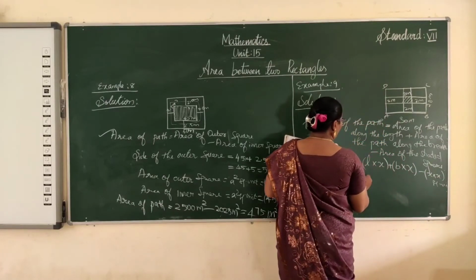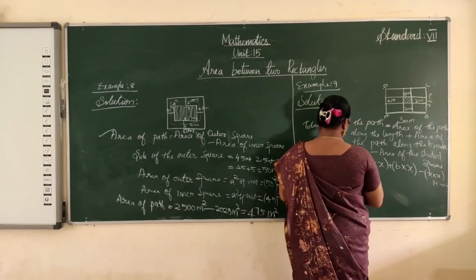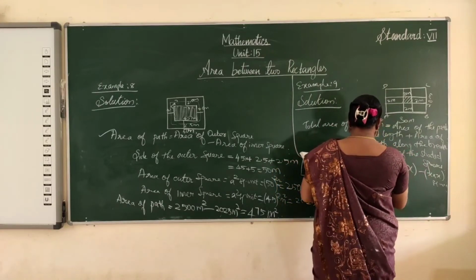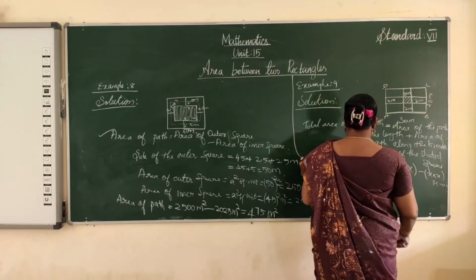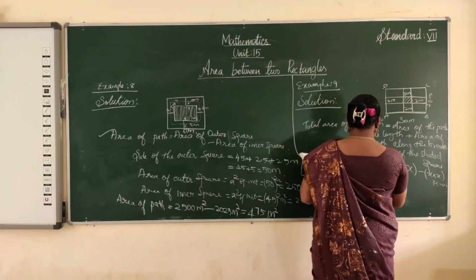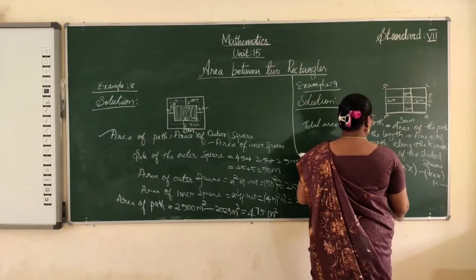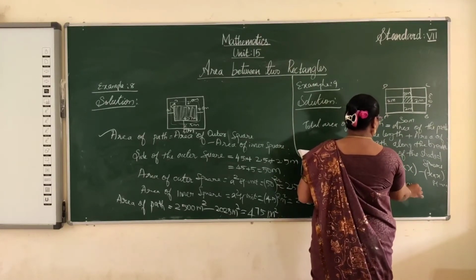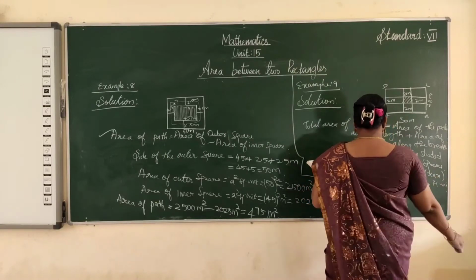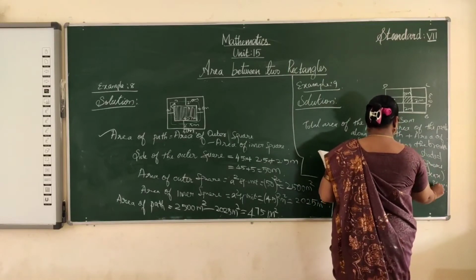Here L value is 30 into x value, what is the x value here? 2. Plus breadth value is 20, x value is 2, minus 4. 2 2s are 4.